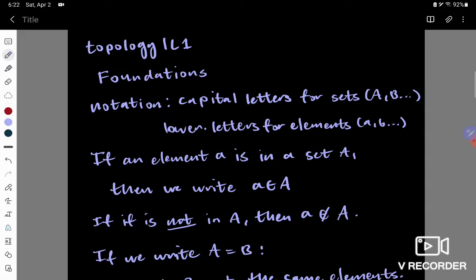So the history of topology goes back actually to the 17th century, where Gottfried Leibniz, the mathematician and the philosopher, also known for inventing calculus at the same time as Newton, had a vision of a certain kind of mathematics that had to do with only the places of where things are.